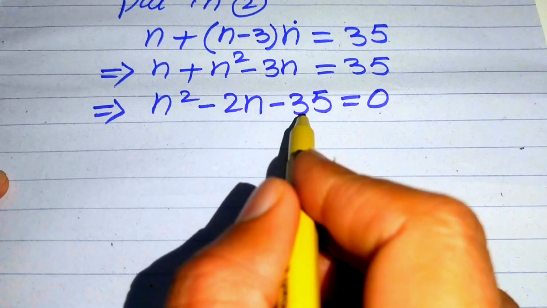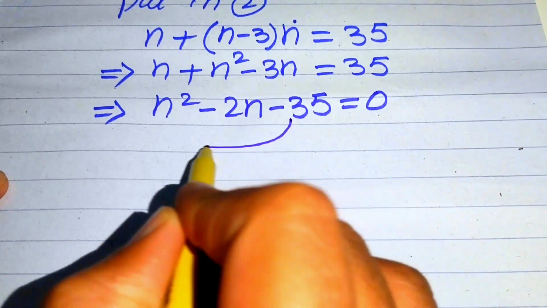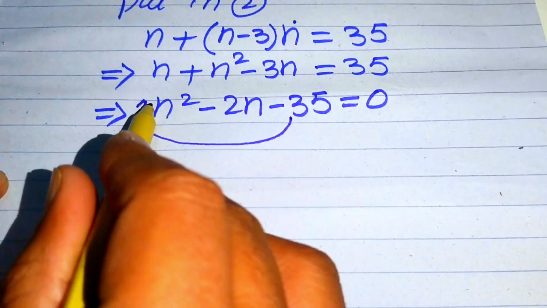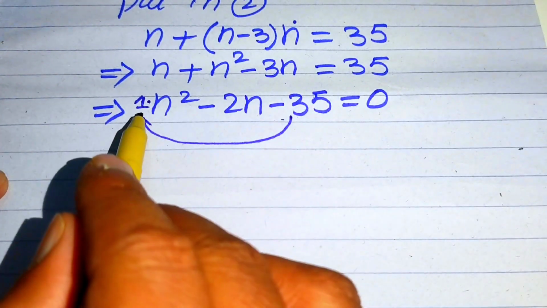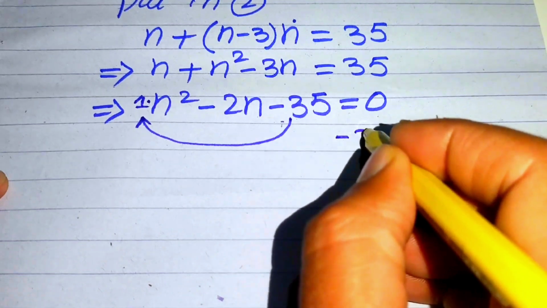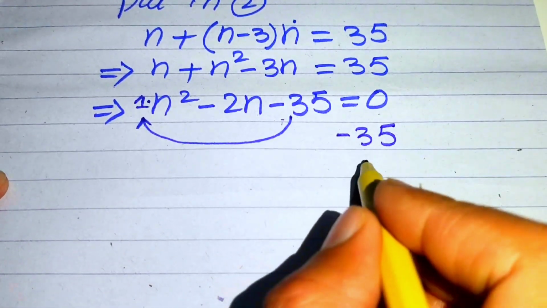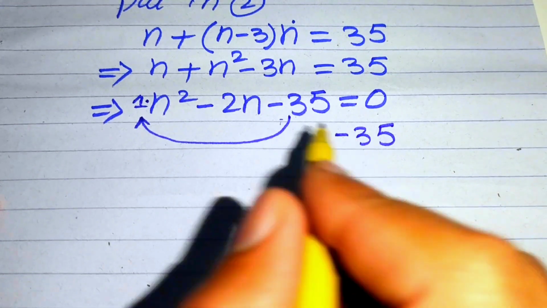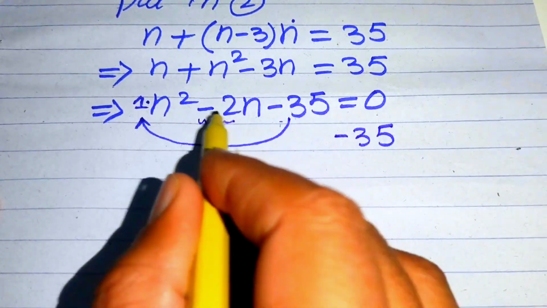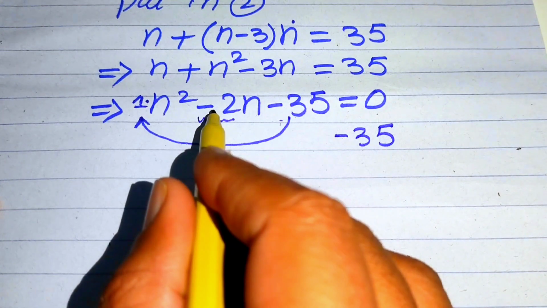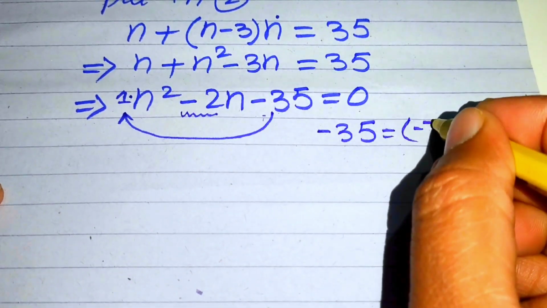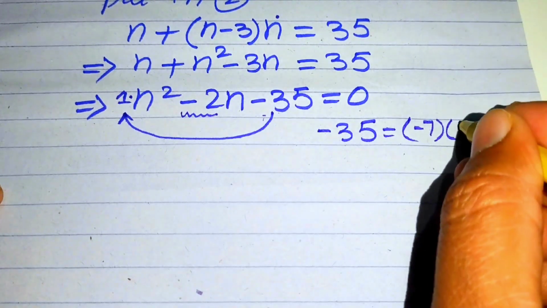First we multiply the minus 35 by the coefficient of n squared. The coefficient of n squared is 1, so you get minus 35. Here we need two numbers whose product is minus 35, and when we add them we get minus 2. These two numbers are minus 7 and plus 5.